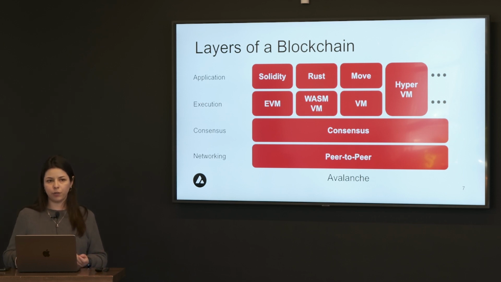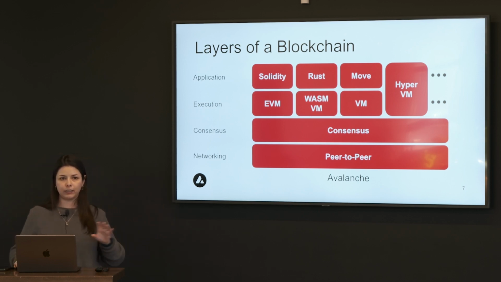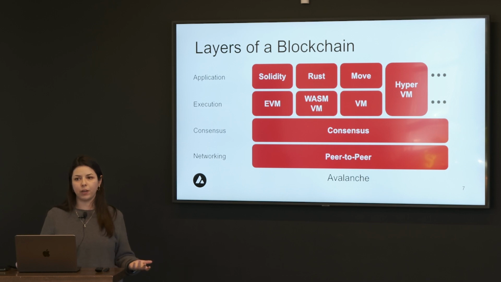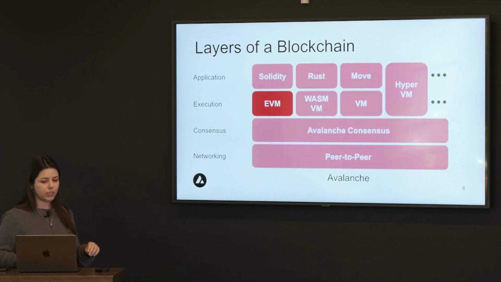This HyperVM uses HyperSDK, which allows you to have your own virtual machine built from scratch with every primitive that you would like. The virtual machine is designed with performance at its core. If you want 100,000 transactions, that's something the HyperVM can achieve. But for this workshop, we're going to be focusing on the EVM part specifically.